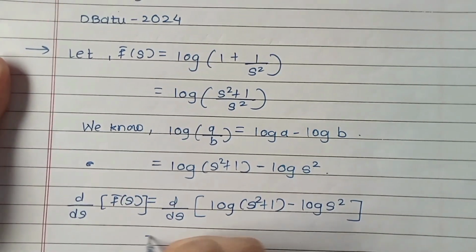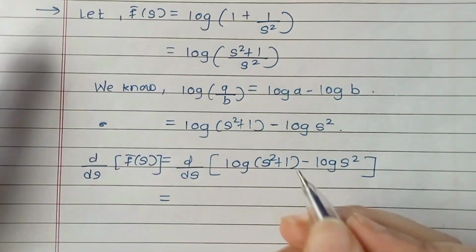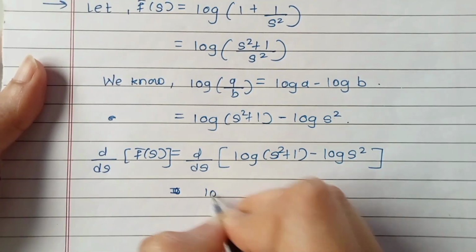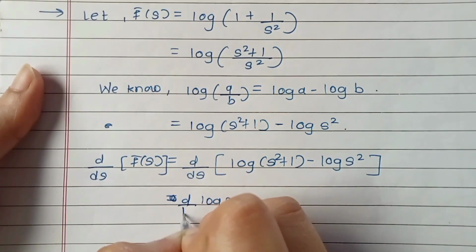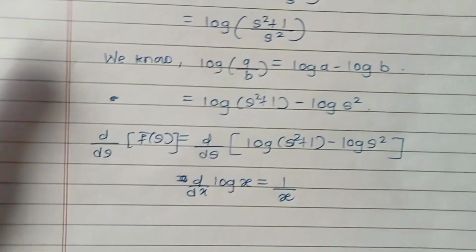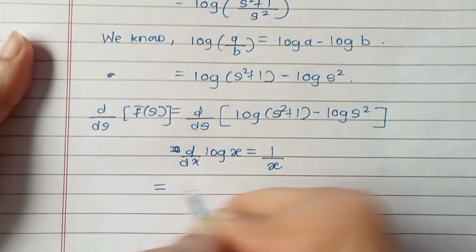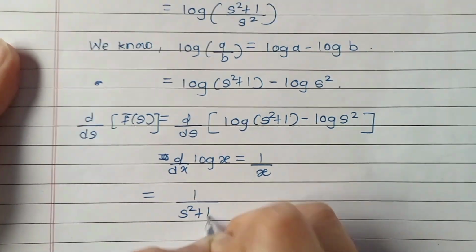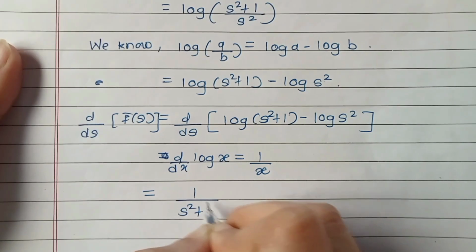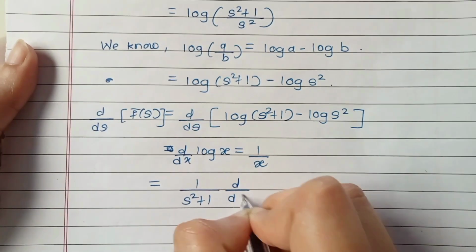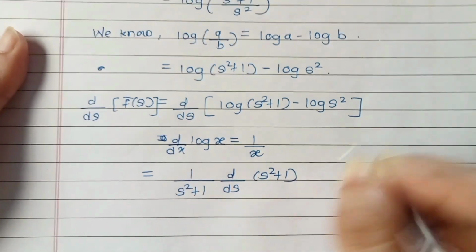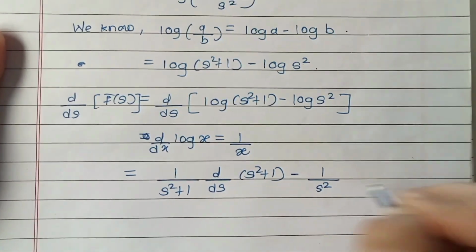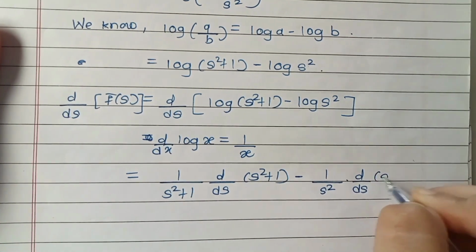Now what is the derivative of log of s square plus 1? First of all, the derivative of log x is equal to 1 upon x. Comparing this with the above term, the derivative of log of s square plus 1 is 1 upon s square plus 1, and again multiplying by the derivative of the term inside, that is d by ds of s square plus 1. Minus log of s square gives 1 upon s square, and again the derivative of s square.